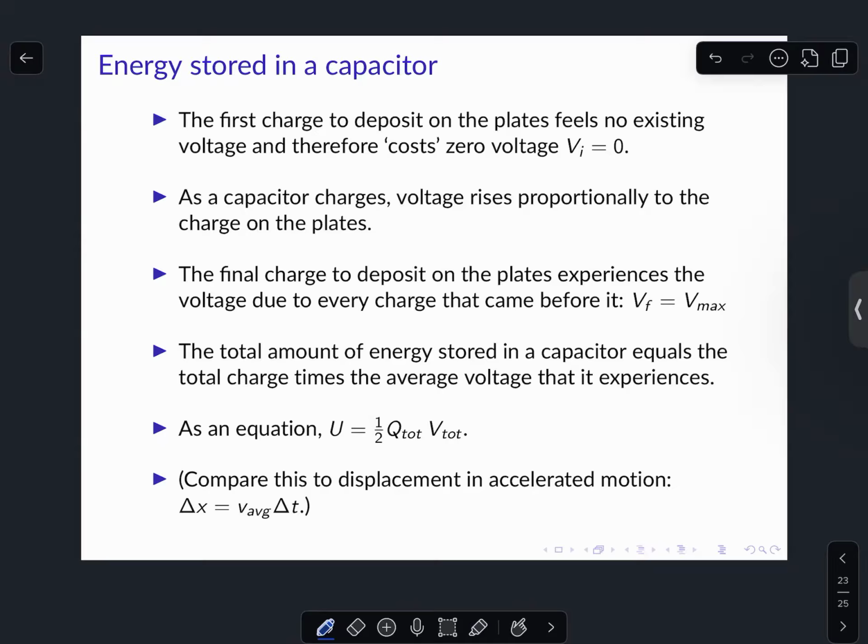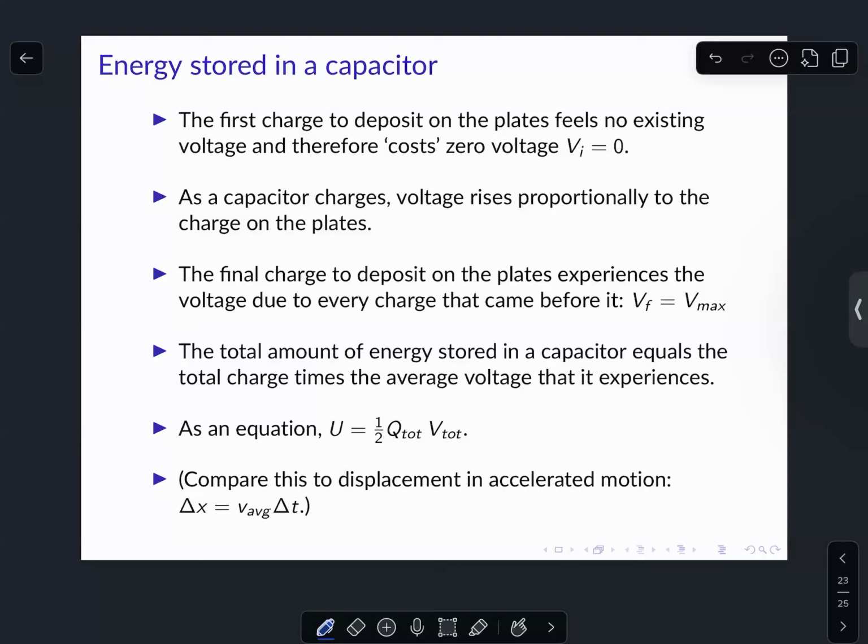So the first charge to go into the plates of the capacitor feels no voltage, it costs no energy. As the capacitor gets more and more full, voltage increases proportionally to the amount of charge already on the plates. The first amount of charge costs no energy. The last amount of charge is feeling the virtually full voltage of the capacitor.